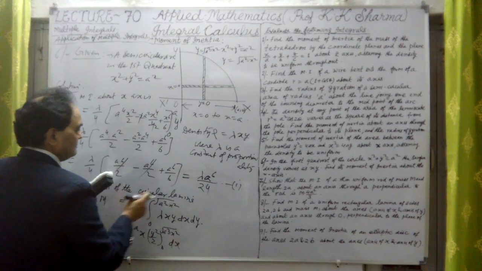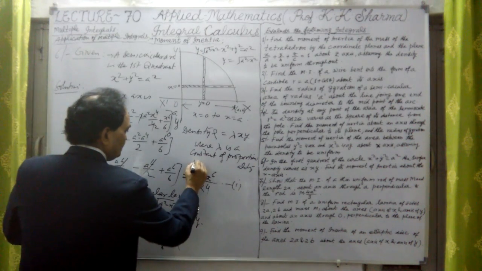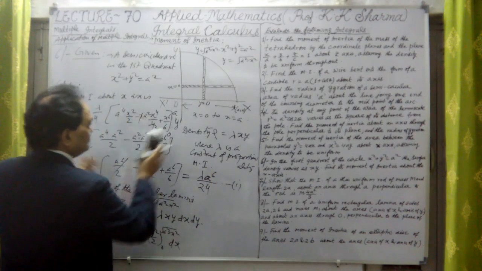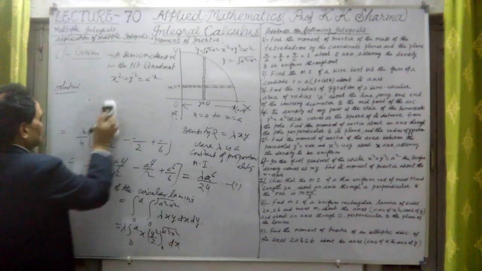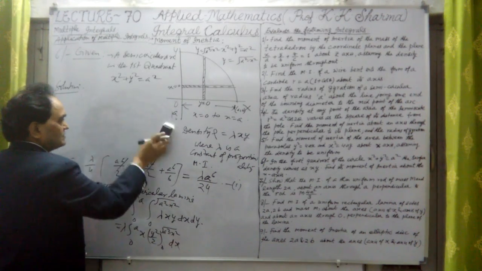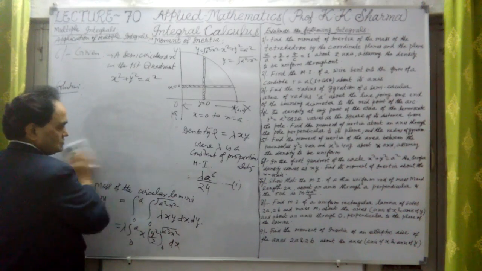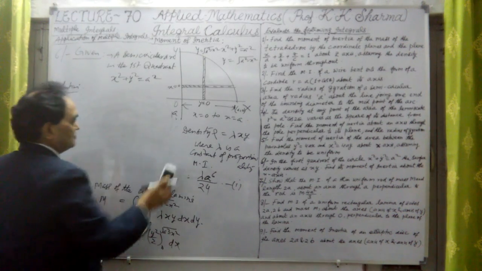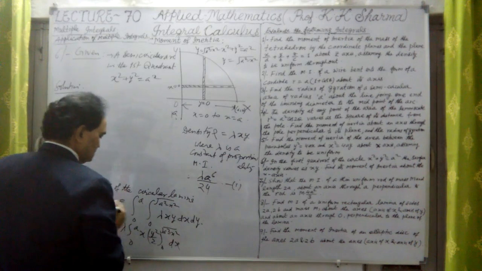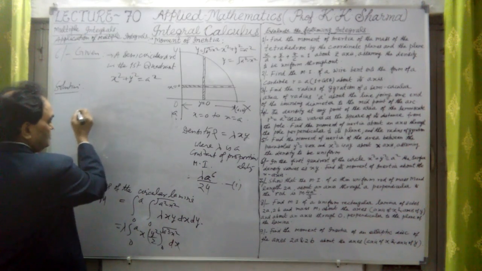Okay, so this is the moment of inertia with this value. Now, if I find out the mass, then we separate that mass into the perpendicular distance. That is how much mass I am just calculating.